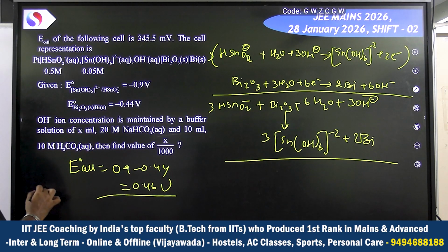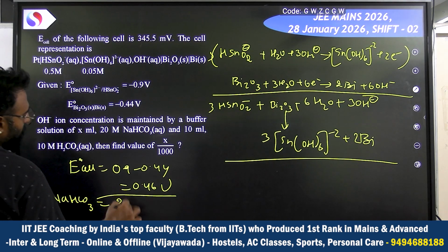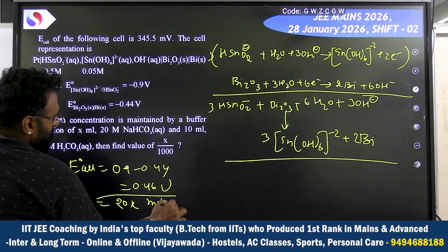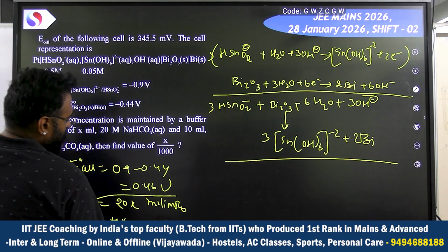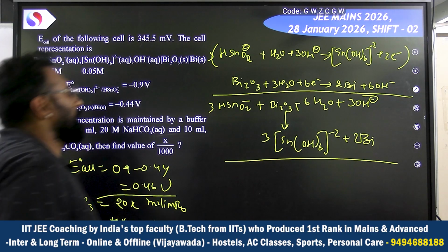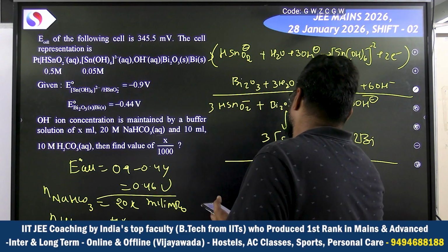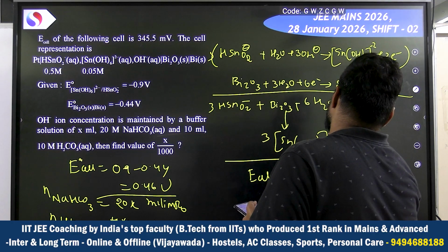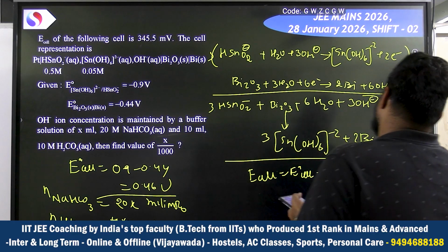And what was the constant number of moles of NaHCO3? So it is 20x. And what is the number of moles of H2CO3? Millimoles. So this will be 10 into 10 millimoles. Correct? So by calculating, E cell is equal to E naught cell minus 0.06 by n factor, which will be 6, log of product. What is the product?